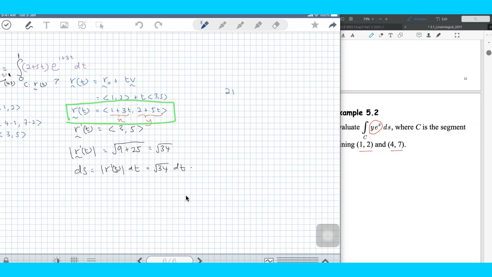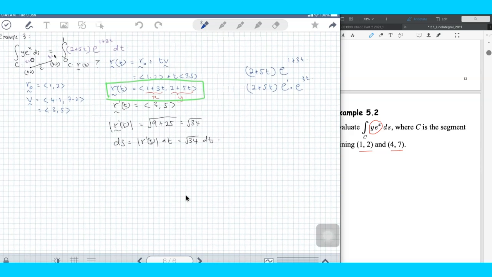You have 2 plus 5t, the polynomial, and maybe I have to simplify that first. So 2 plus 5t multiplied by e to the 1 plus 3t. So you have e to the 1 times e to the 3t, where e to the 1 is a constant. So maybe I should rewrite the integral here.